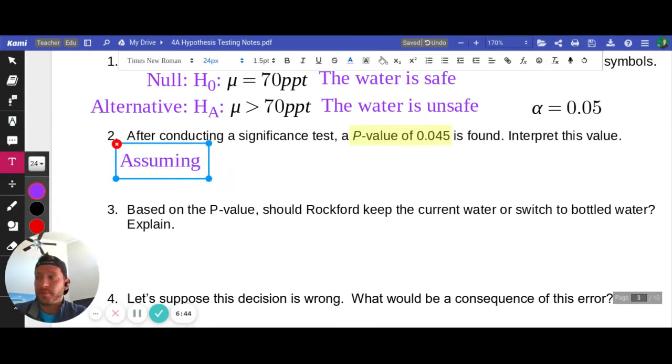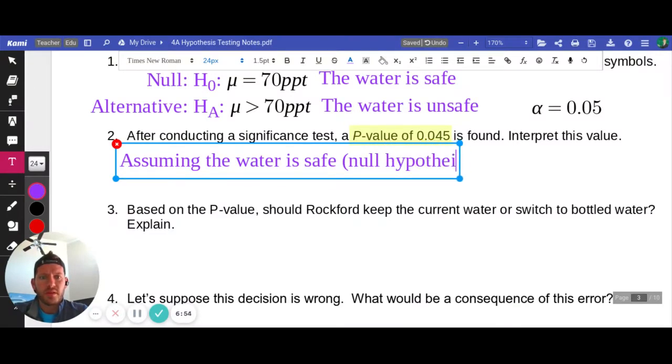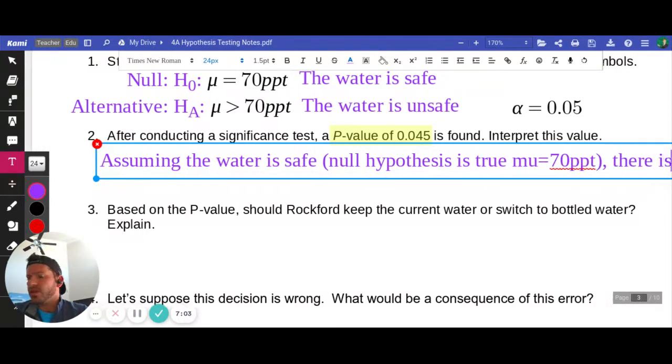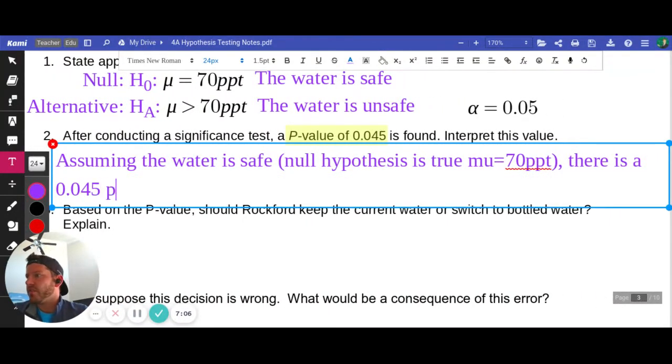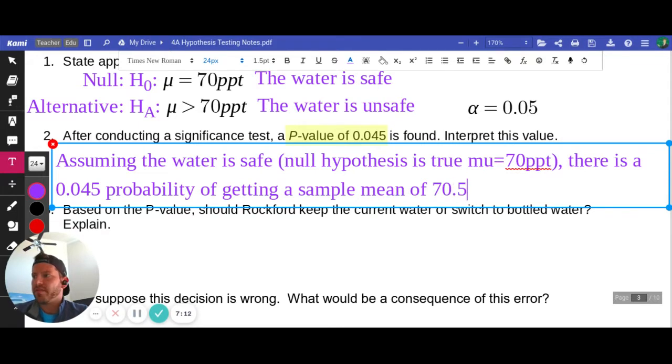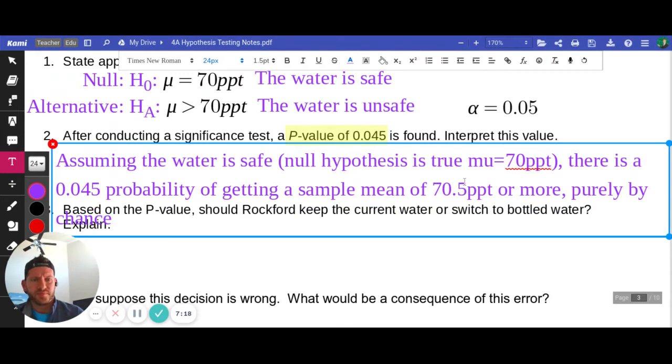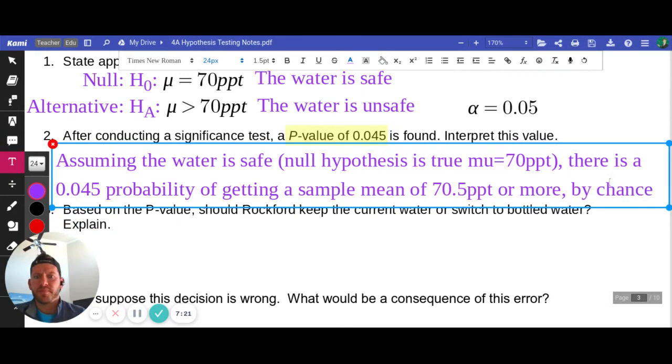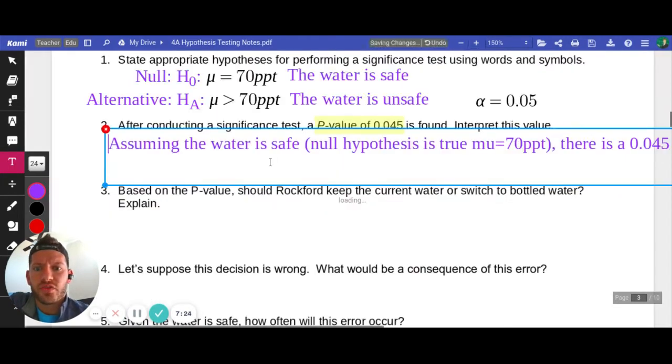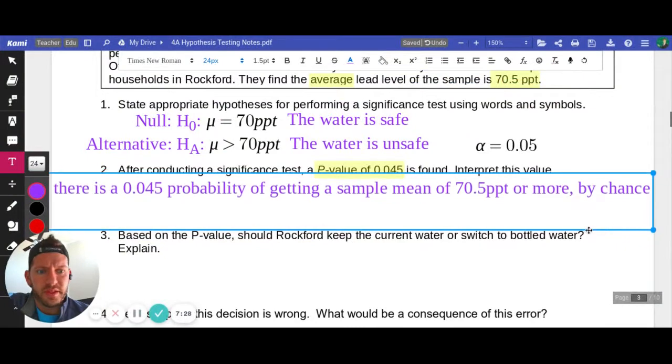So assuming that the null hypothesis is true, so that the water is safe, that mu equals 70 parts per trillion, there is a 0.045 probability of getting a sample mean of 70.5 parts per trillion or more purely by chance.